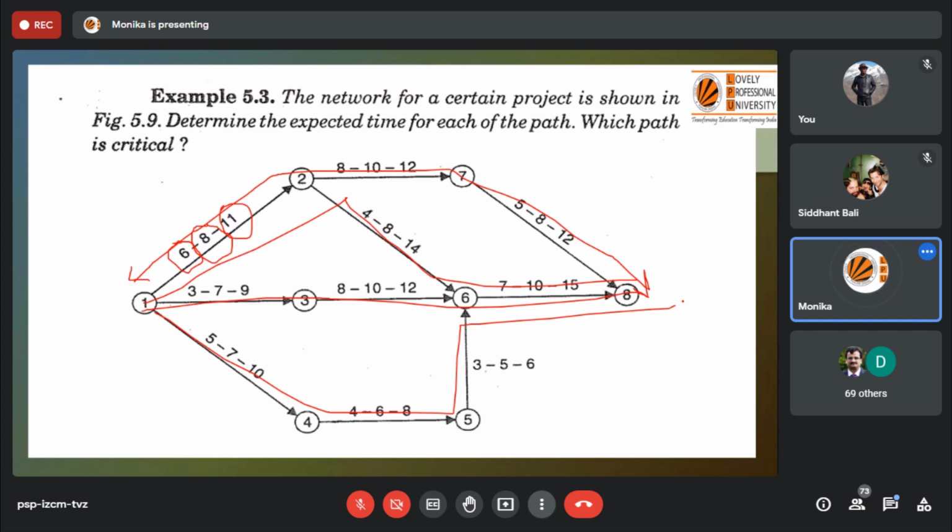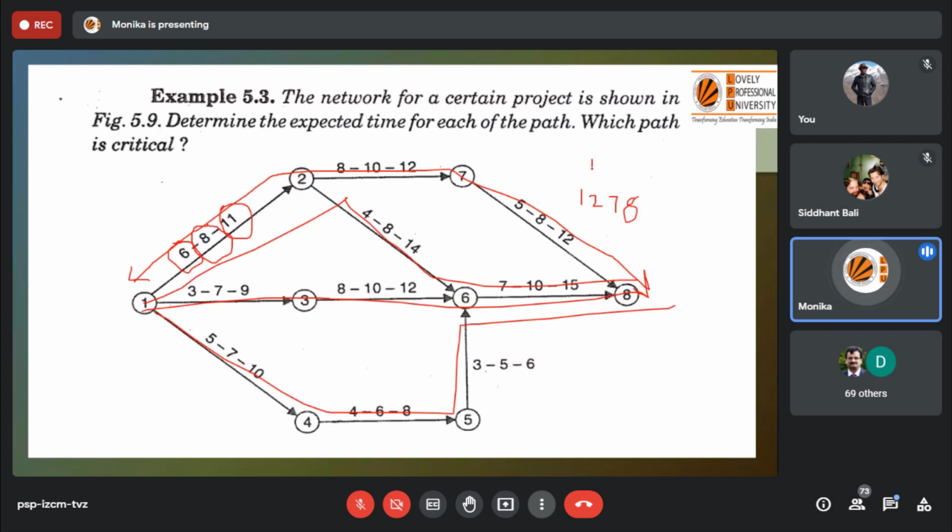You have identified four paths, right? 1, 2, 3, 4 paths you have identified. You can calculate combinedly for every path. Like for this first path, 1, 2, 7, 8. You can calculate for this path first.